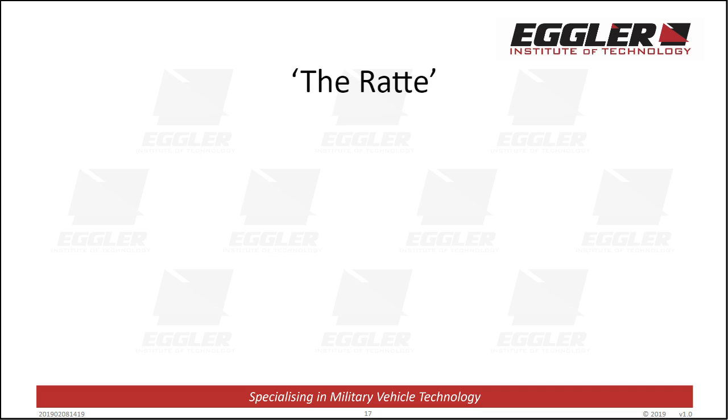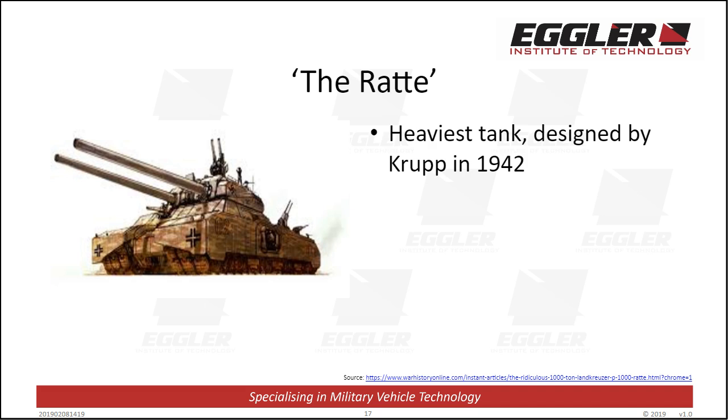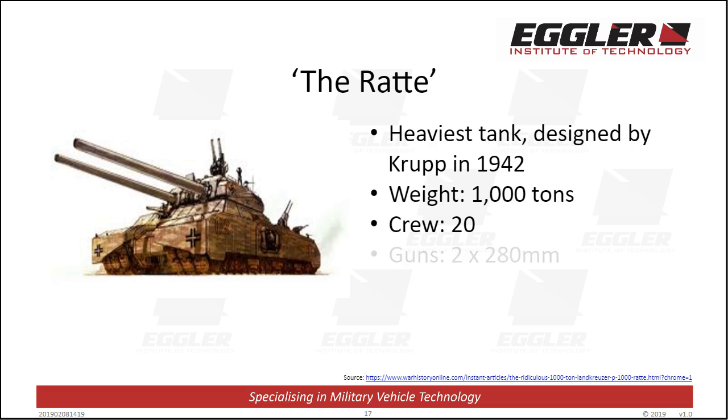For those of you interested in the largest tank ever designed, you need to look at the German Ratte. This tank was designed by Krupp in 1942. It weighed a massive 1,000 tons and housed a crew of 20. It was fitted with two 280mm naval guns, and 8 20mm anti-aircraft guns.